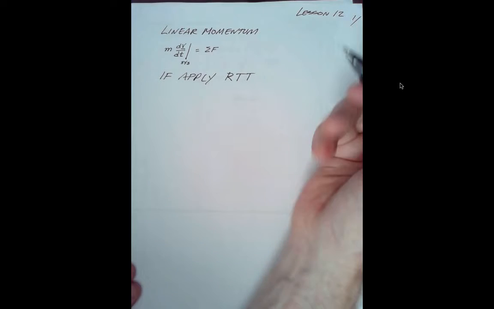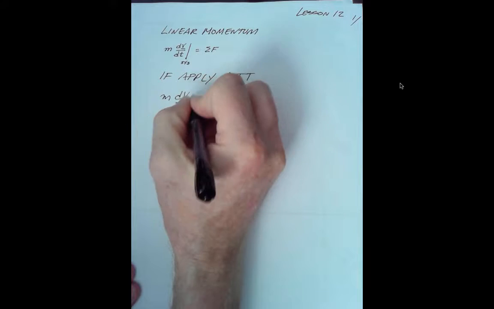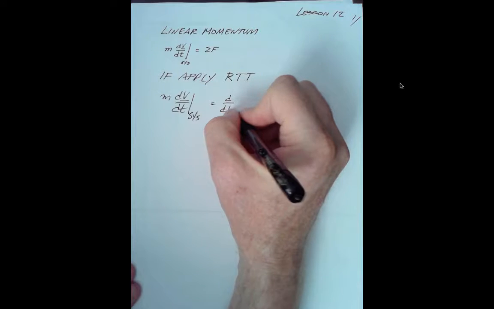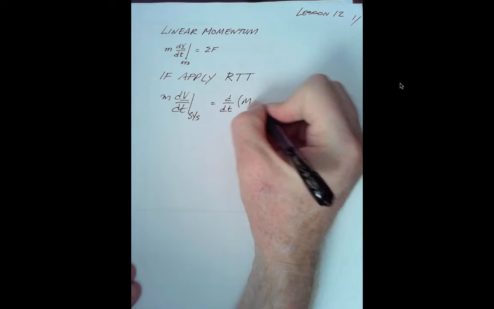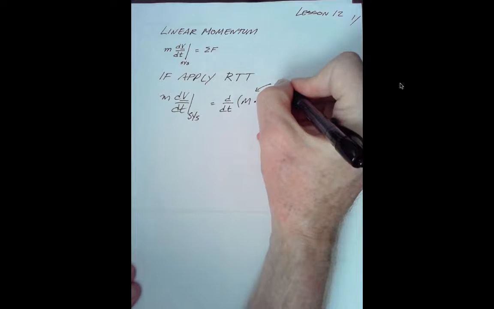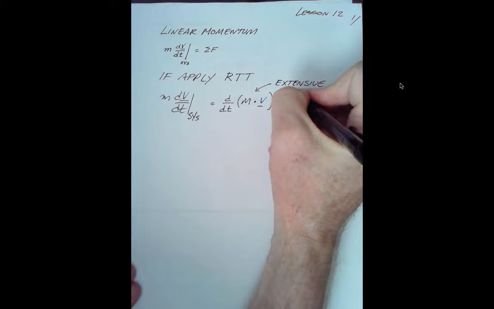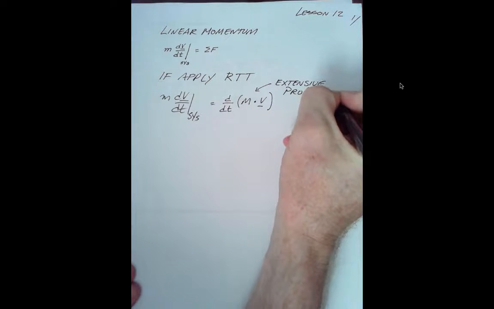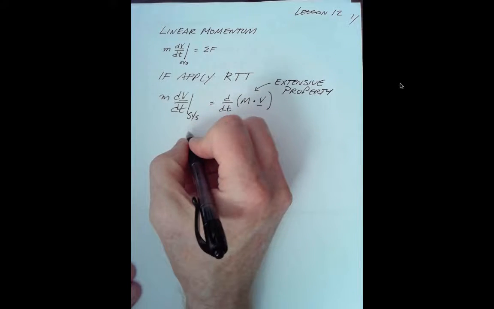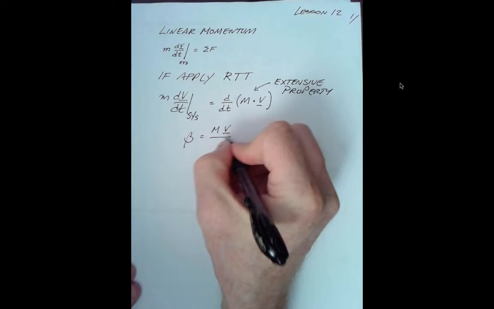RTT, we'll have m dv dt of the system is equal to d by dt of mass times velocity. These are our extensive properties. And so the corresponding intensive property, beta, is mass times velocity over mass.